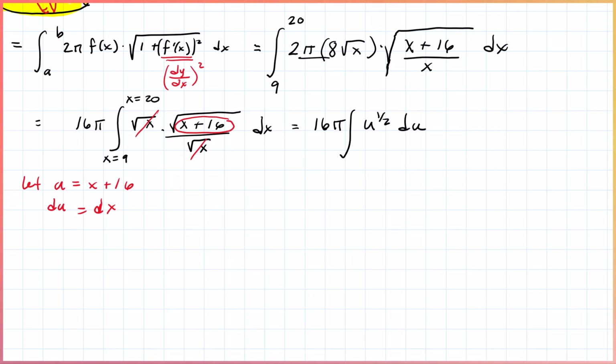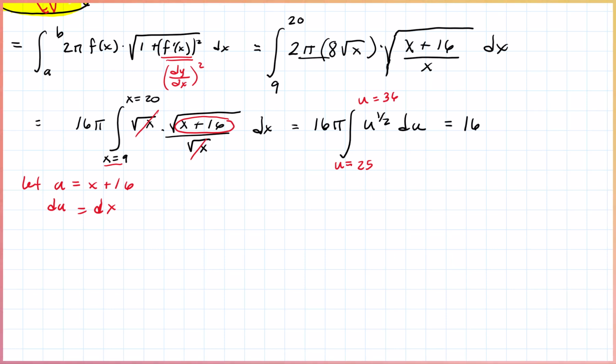Now I'm also going to go ahead and switch my bounds. So x was equal to 9. That means u is 9 plus 16, so that's 25. And when x is 20, the upper bound becomes 20 plus 16, which is 36. So now I don't have to go back in terms of x in the end.